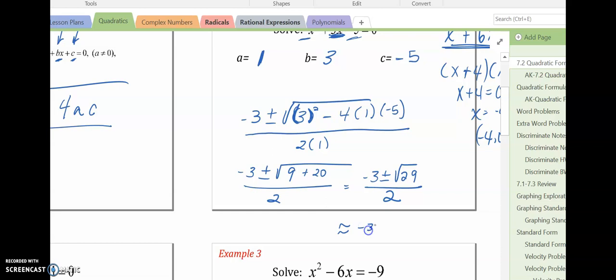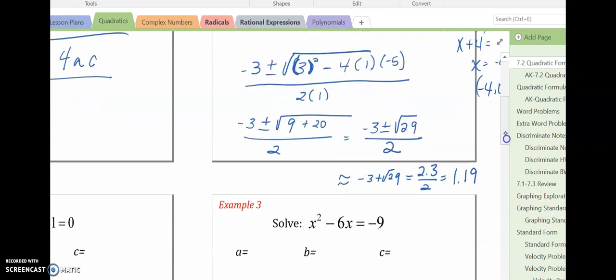We're going to take -3 plus the square root of 29, put that in a calculator, and divide by 2. When I type in -3 plus, and then I hit the square root button, the result is 2.3. And then I'm going to take 2.3 and divide by 2, and my answer is 1.19.